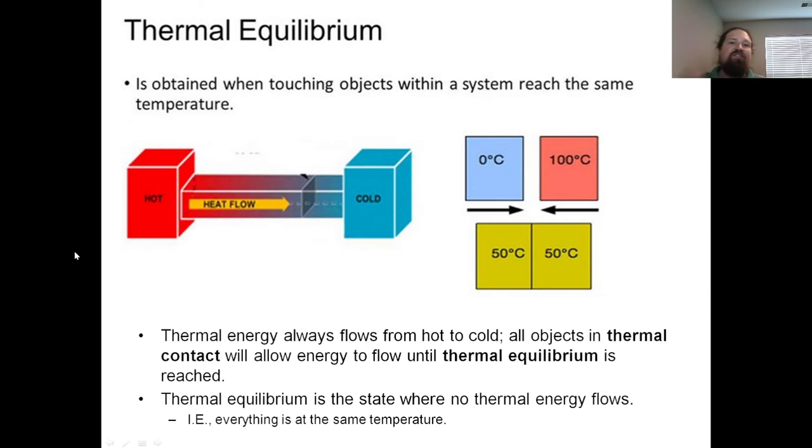If something feels hot, that means its thermal energy is entering your body as you touch it. If something feels cold, thermal energy is exiting your body as you touch it. And how hot or how cold it feels is really just a gauge of how quickly the energy is either entering you or leaving you.